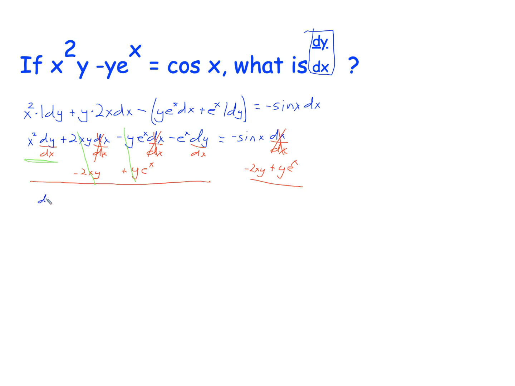So we have dy dx times x squared minus e to the x equals, over here, we have three terms. I'm going to put the positive one first. So y times e to the x minus sine x minus 2xy. And then to finish it off, we need to divide both sides by x squared minus e to the x.